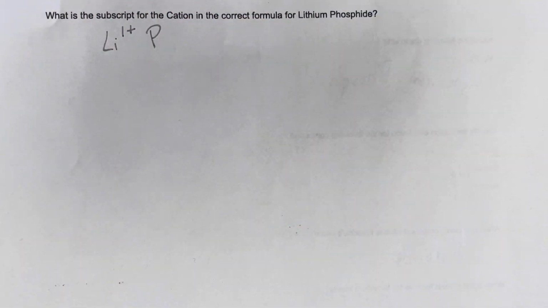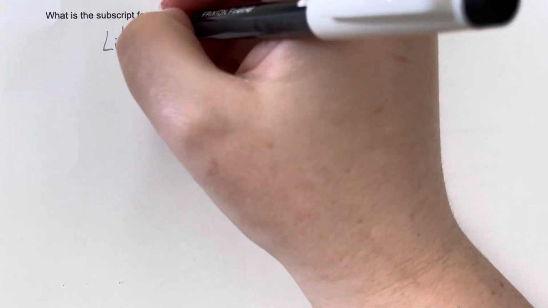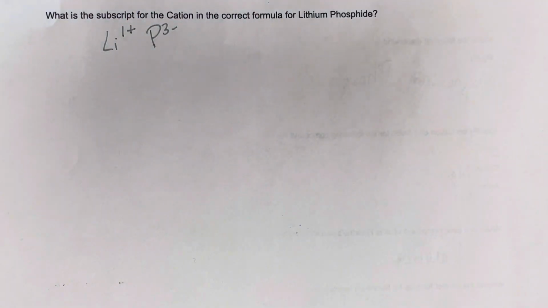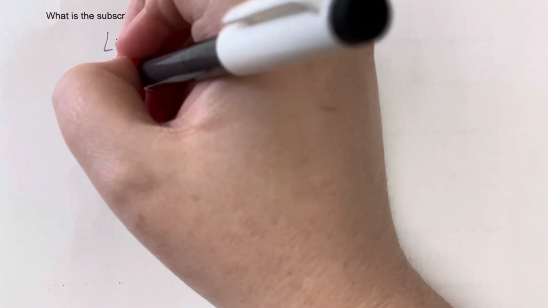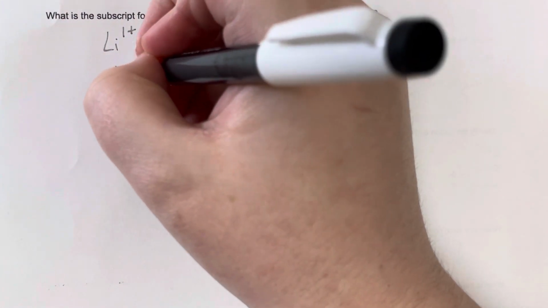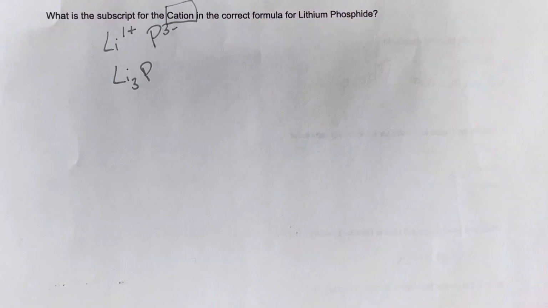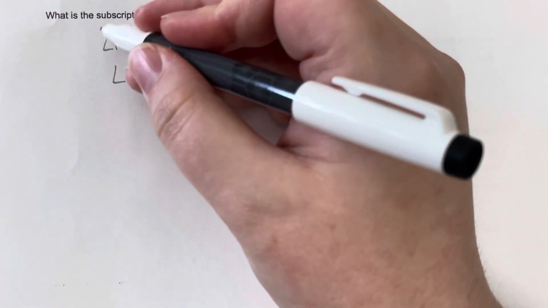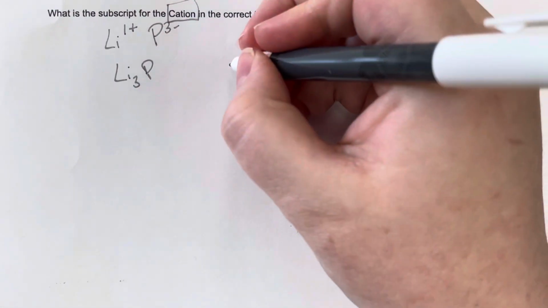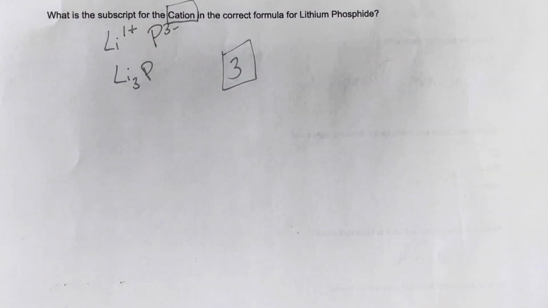So I have 5, but I want 8. So I'm going to steal 3 to get to 8. Stealing is bad, so I'm going to have a charge of negative 3. Then I'm going to go ahead and crisscross charges for subscripts, and that would leave me with Li3P. And I am looking for the subscript for my cation. Cats have paws, cations are positive. My positive ion was lithium, and lithium subscript was 3, so that means that my subscript for my cation is 3.